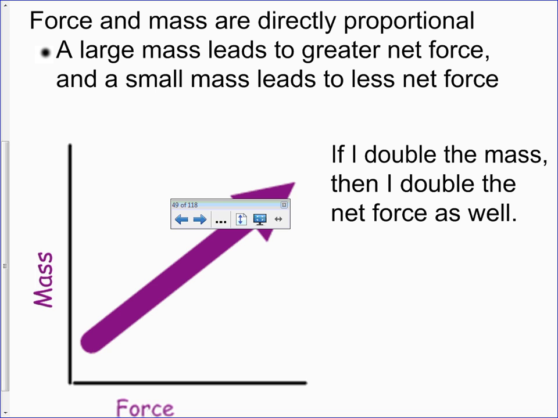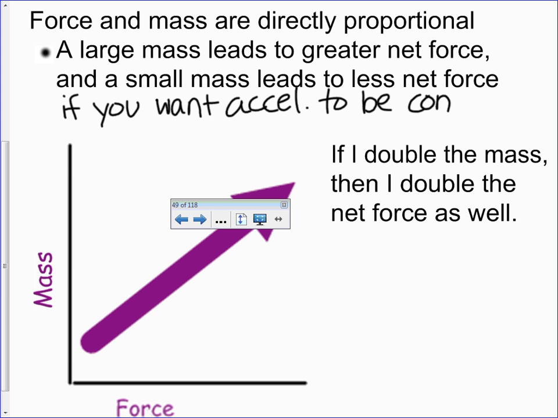And again, I want you to note that a large mass leads to a greater net force and a small mass leads to less net force if acceleration is kept constant, or if you want the same acceleration. So double the mass, you have to double the force to get the same acceleration.